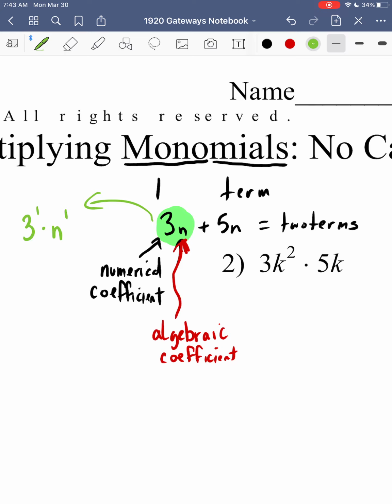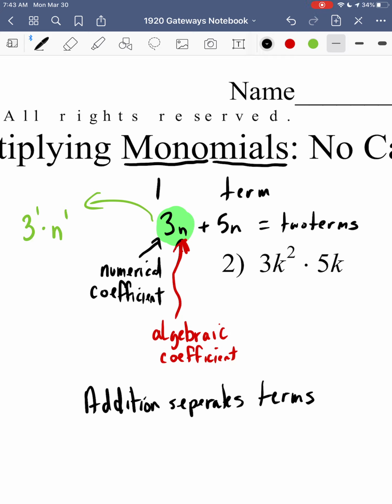In addition to that, because this is one term, addition separates terms. There are a couple other things later on in math that might separate a term, but for now, to keep it simple, multiplication does not separate terms.